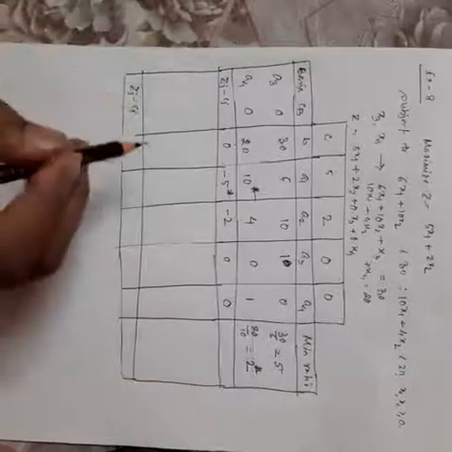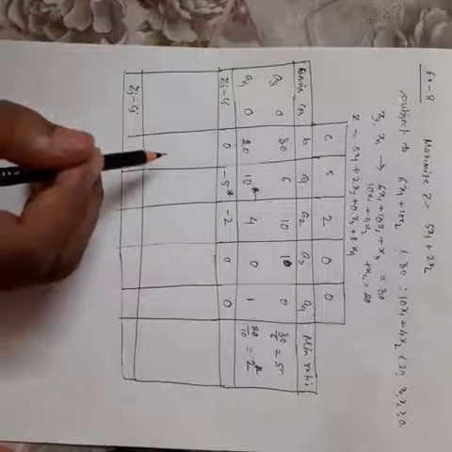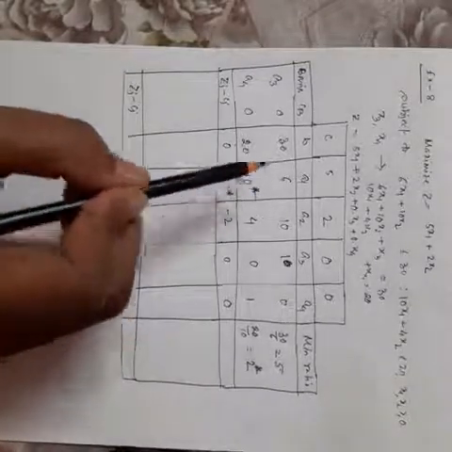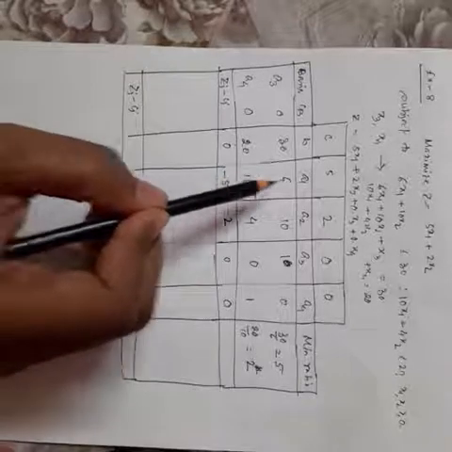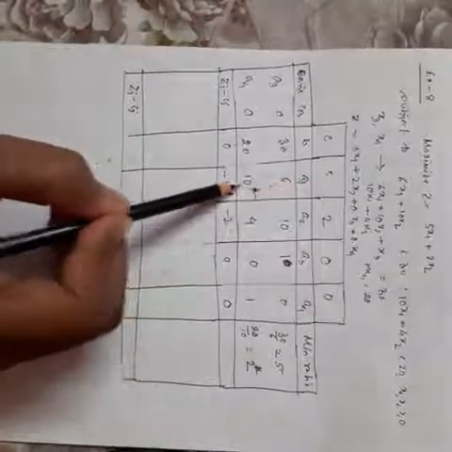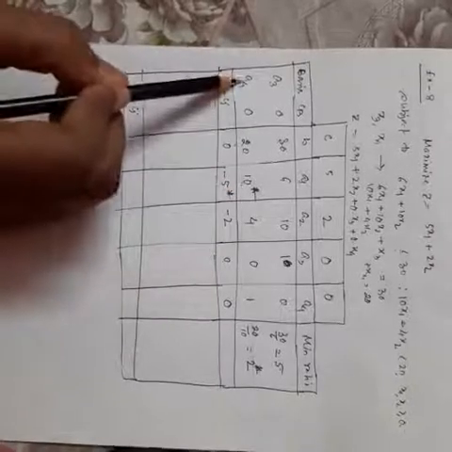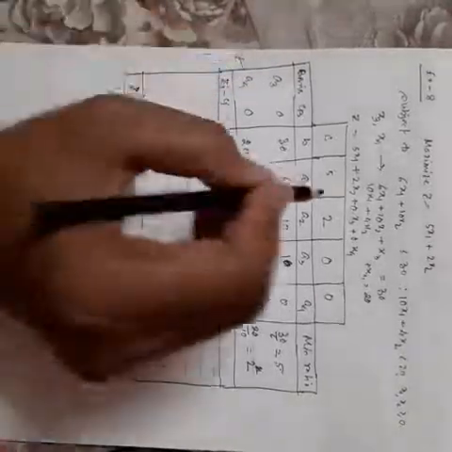Zj minus Cj, and again we can say the same thing as in the previous problem. Here you see that the key element is in the A1 column and A4 row. So A4 comes out and A1 comes into the basis column.